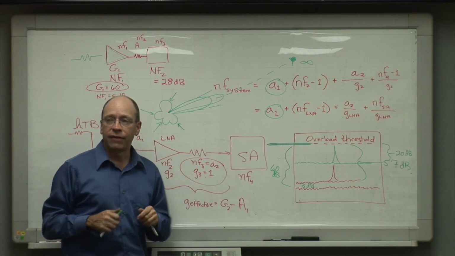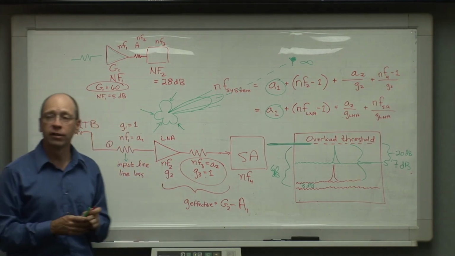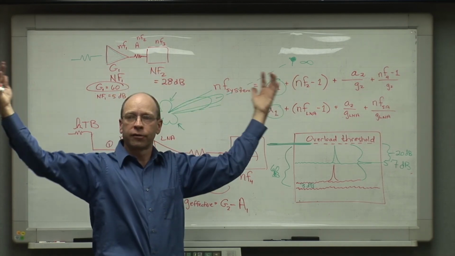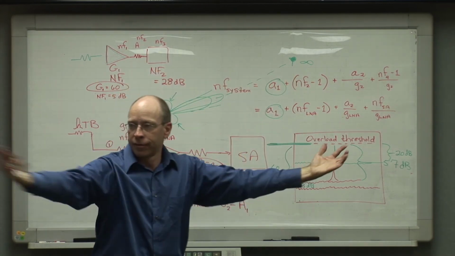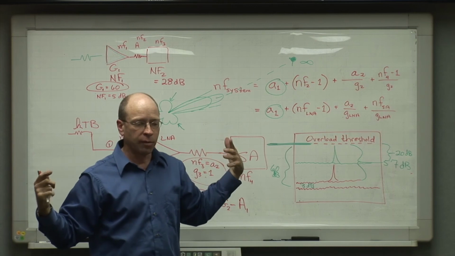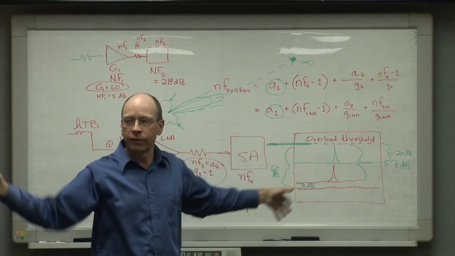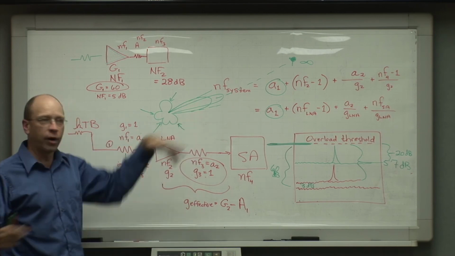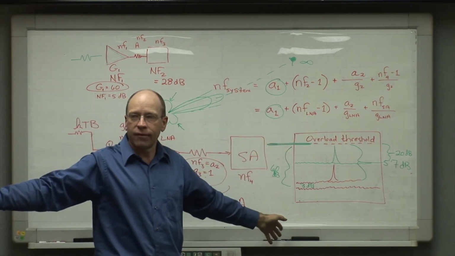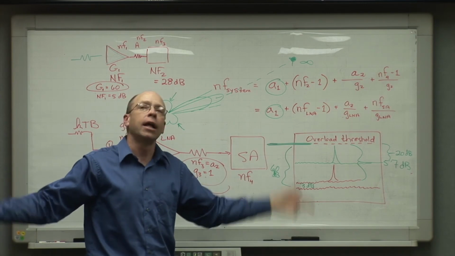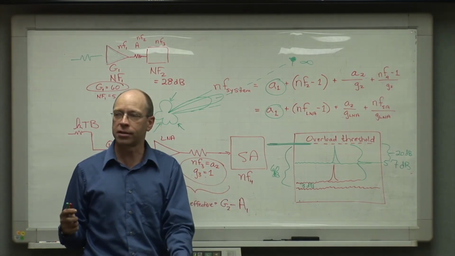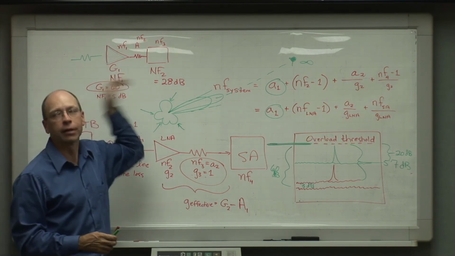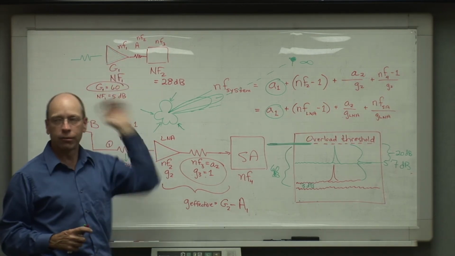On the other hand, if you're doing a generalized spectrum survey, where you want to see signals coming from aircraft distributed all over the sky, or from microwave ovens or land mobile radios distributed out in front of you, then going to a high gain antenna really isn't an option, because the whole point is you're trying to see over a wide set of azimuths spatially. And if you say, but I want to see more of these signals, what are you going to do? Now you have to go back to getting a lower noise figure on your front end. But all other things being equal, you go to a high gain antenna.